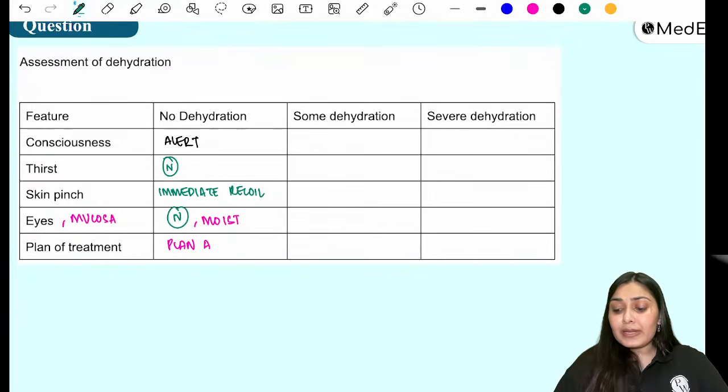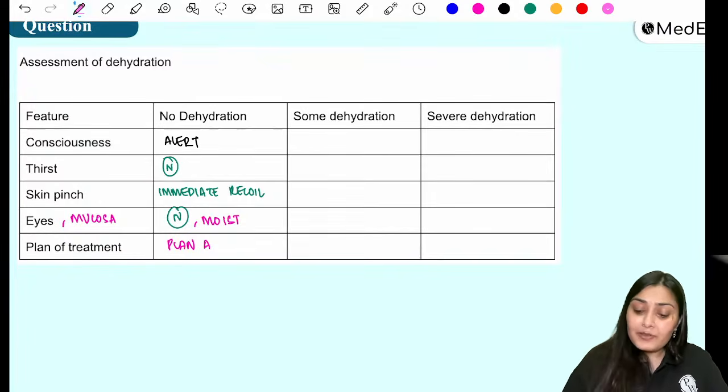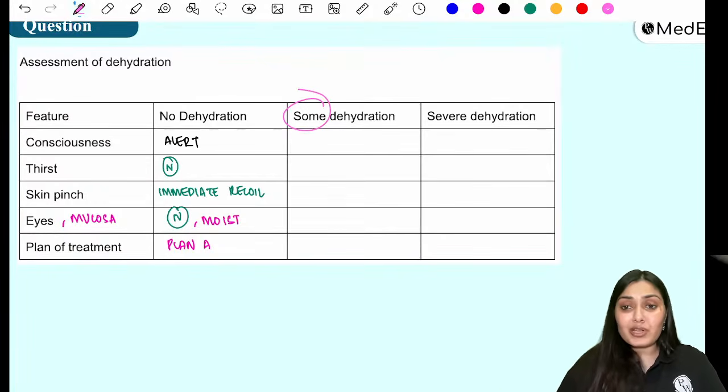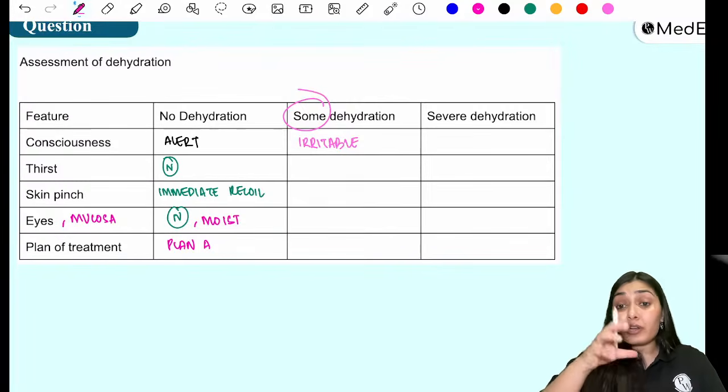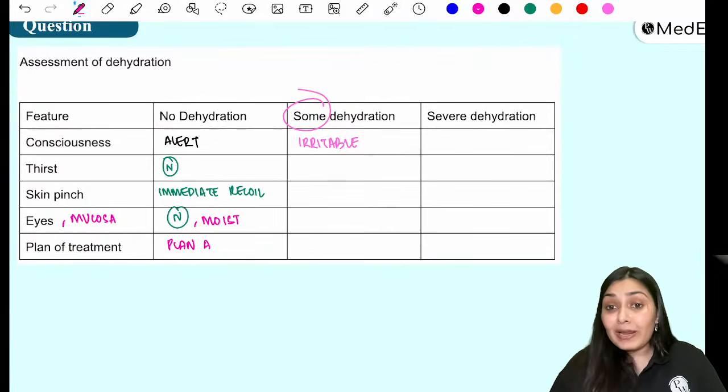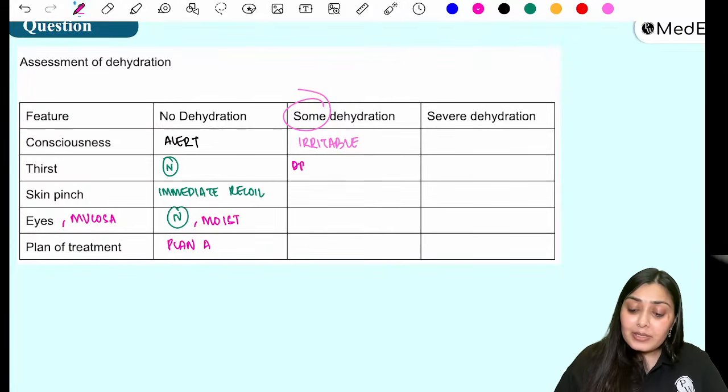Now let's go to the second scenario, that is some dehydration. The name itself says some degree of dehydration has started. So because dehydration has started, this child will now be irritable. If you offer water to this child, he will drink very eagerly, as if the child is thirsty. So this is an irritable child that drinks eagerly.